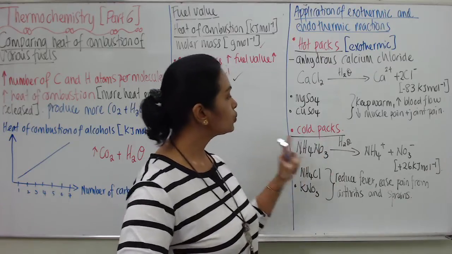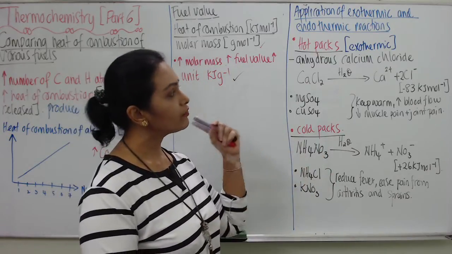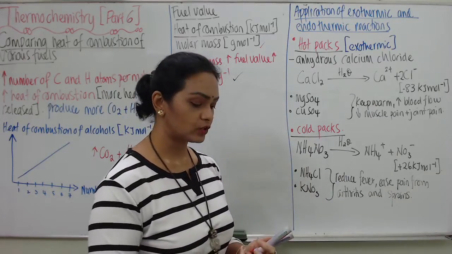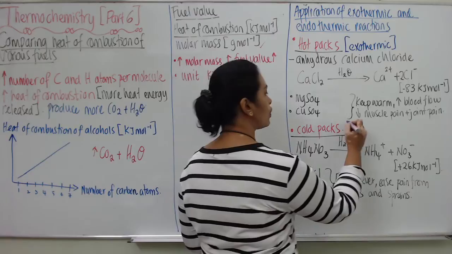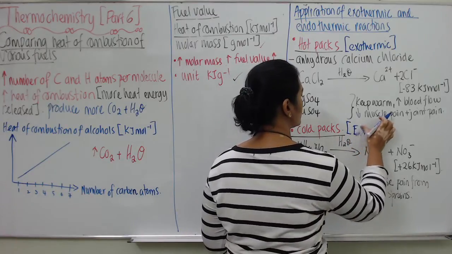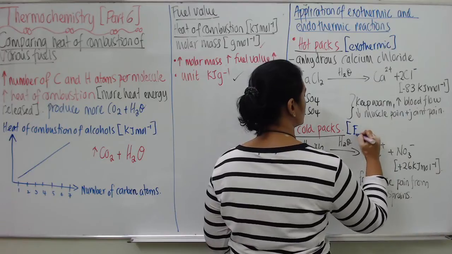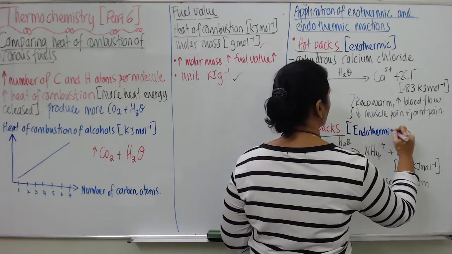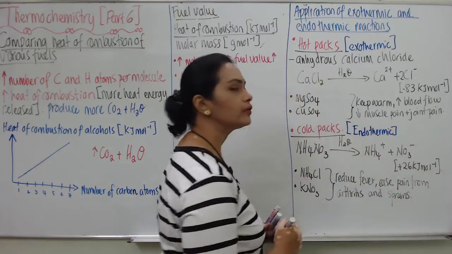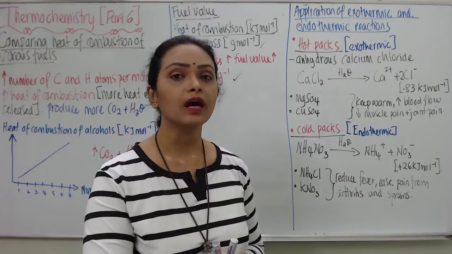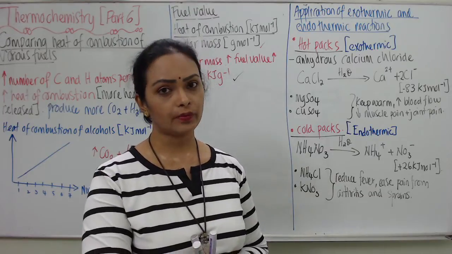Now, let's go to cold packs. As I mentioned, for hot packs we need an exothermic reaction. Same goes for cold packs, but of course I need endothermic. We need an endothermic reaction where heat energy is absorbed from the surrounding.